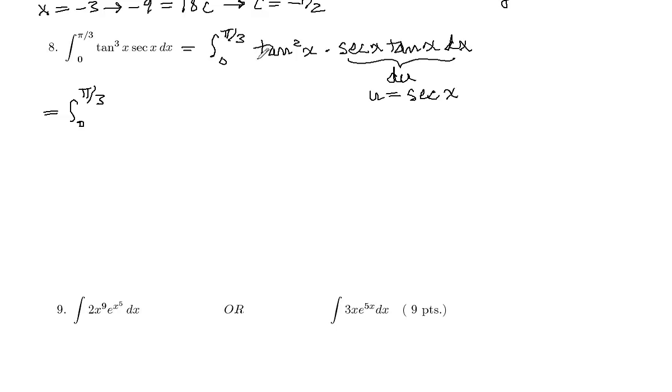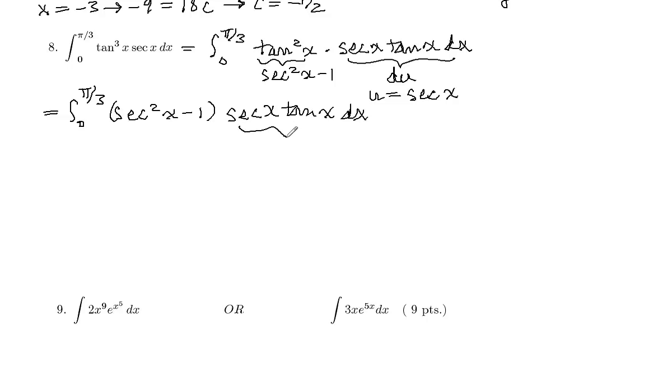So what we're really integrating is secant squared x minus 1, that quantity, times our secant x tan x dx.